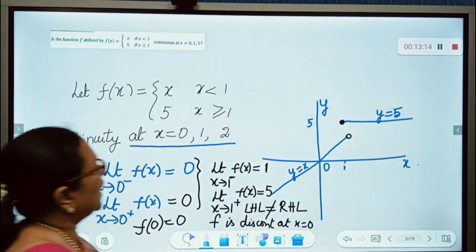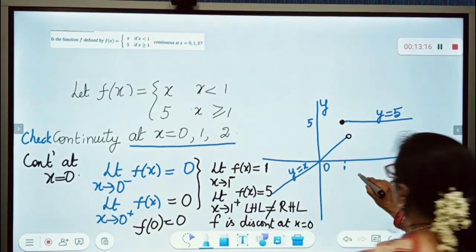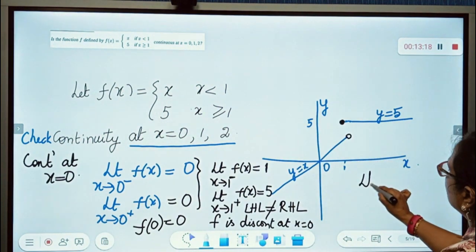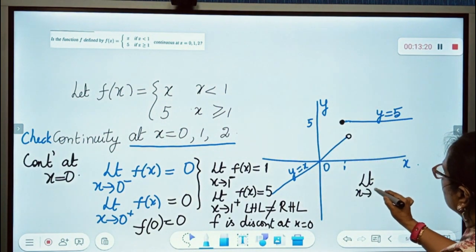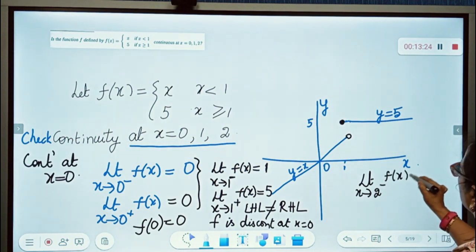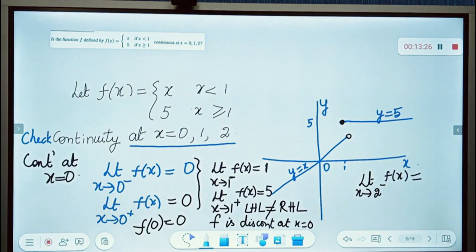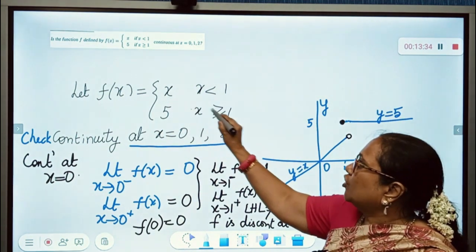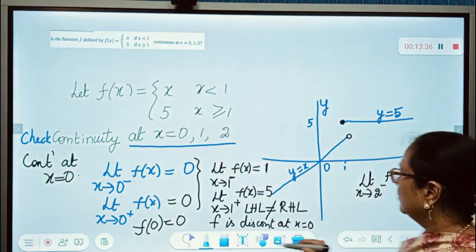Now what about at 2? Now limit x tends to 2 minus of f of x will be equal to, so when I take 2 somewhere here, what will you get? F of x is 5, because f of x is 5 for all x greater than or equal to 1.